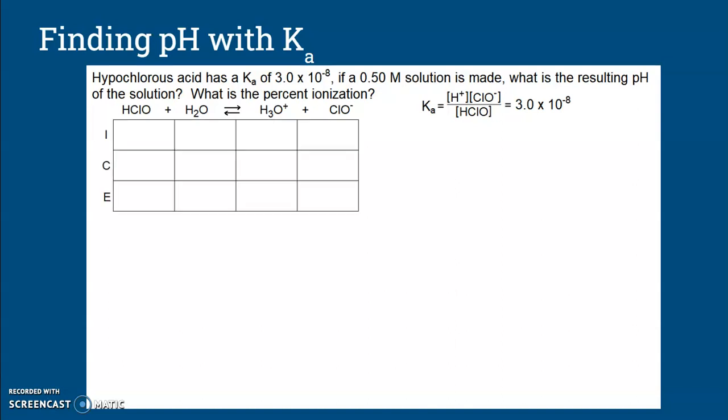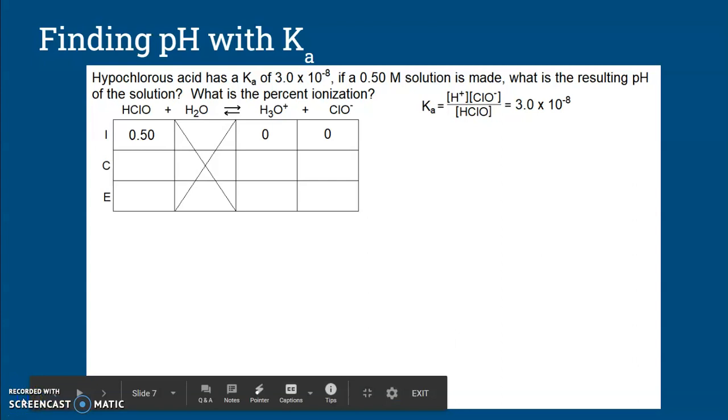So we got to do some filling in backwards here. Again, we know how much of the HClO we put in originally, 0.5 molar. And again, we don't care about the water, and there were no H plus ions or ClO minus ions to begin. However, that X is going to get a little bit tricky here, so we're going to X out the entire column for water because we're going to have to use X as a variable in this particular case.